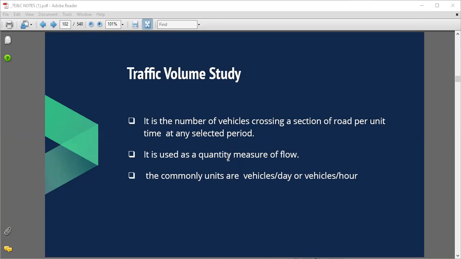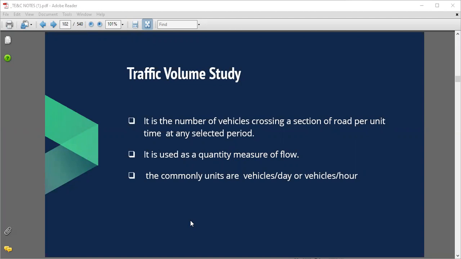If you have decided to go for a selected area in the Pandharpur region only, and you measure the traffic volume within a day, and the collected number of vehicles entering and exiting this area is equal to 1000 vehicles, then the unit will be 1000 vehicles per day. Okay, so that is the unit.